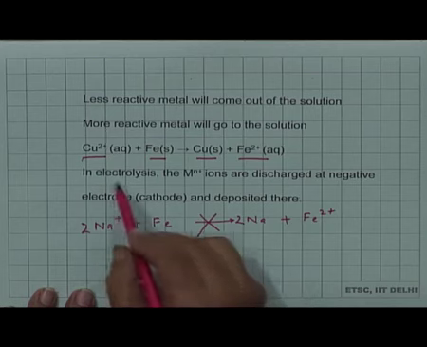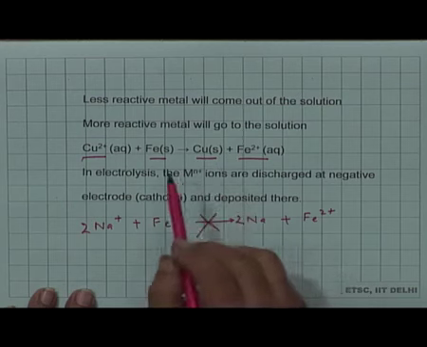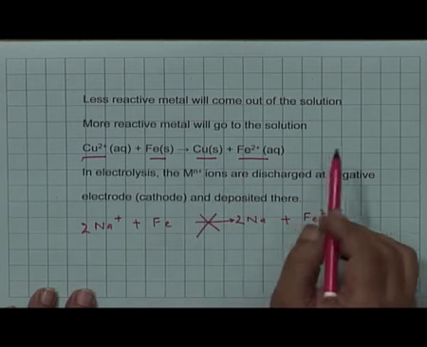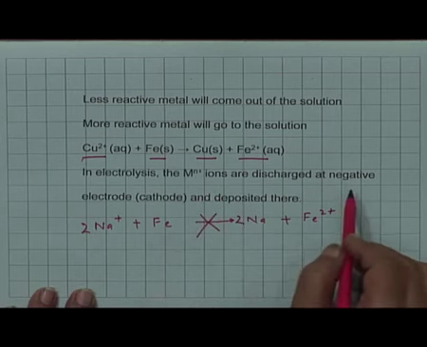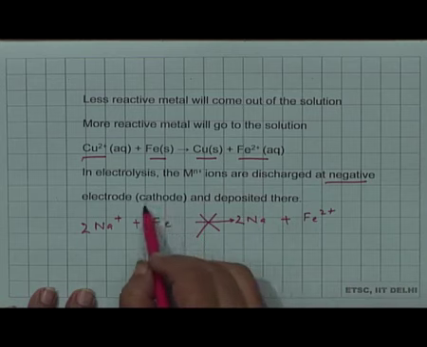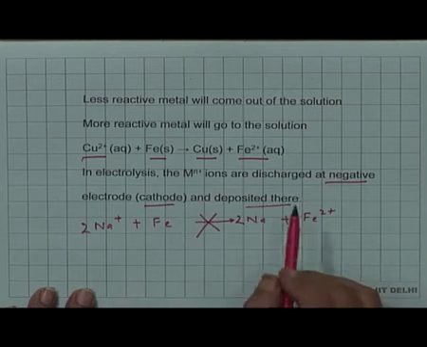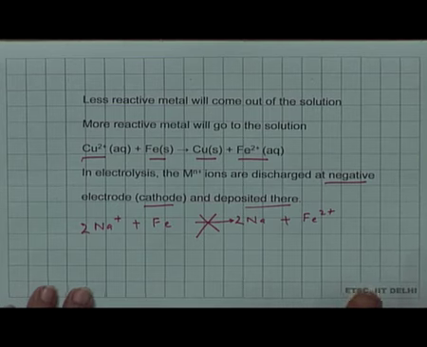So iron cannot reduce a more reactive metal, but it can easily reduce a less reactive metal, and copper is a less reactive metal. In electrolysis, the copper ions are discharged at the negative electrode, which we call the cathode, and deposited there, whereas iron goes into the solution in place of copper.